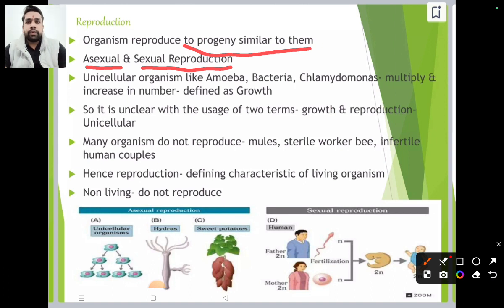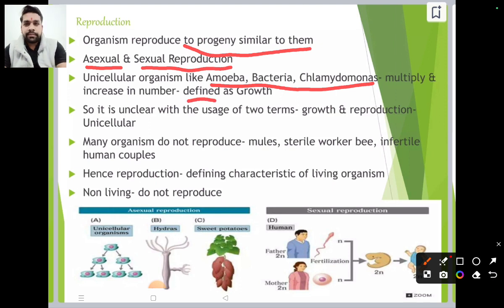Clear? Unicellular organisms like amoeba, bacteria, chlamydomonas. First of all, I'll tell you that all these are unicellular organisms, and all these unicellular organisms show asexual type of reproduction. They multiply and increase in number, which is defined as growth, like we had discussed in the previous growth topic.